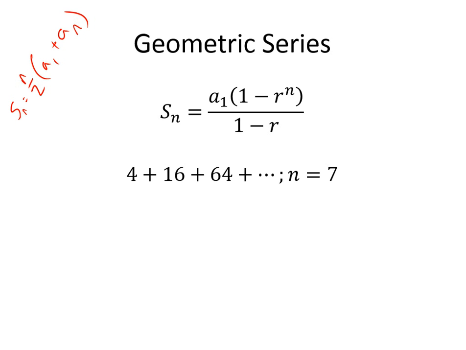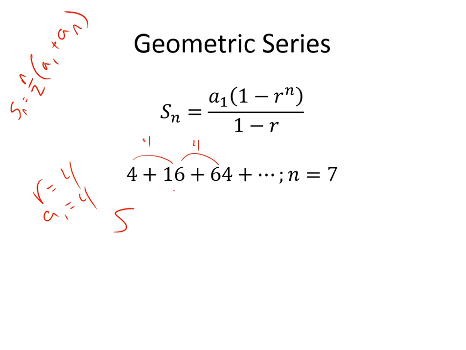So if we're told here it is, 4, 16, 64, we have to find the ratio. 16 divided by 4 is 4. 64 divided by 16 is 4. So we know that r is 4. Once we know that r is 4, our a1 is 4.